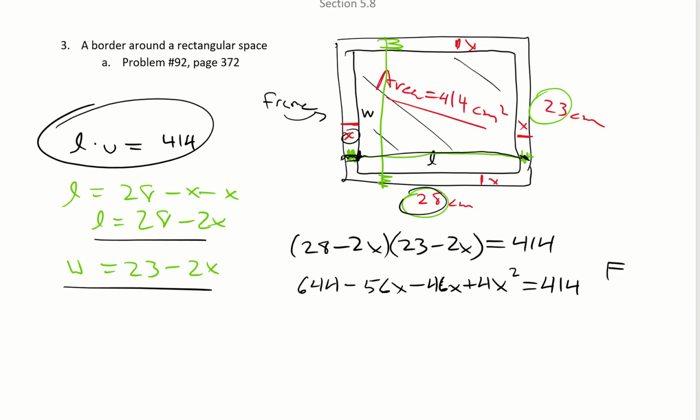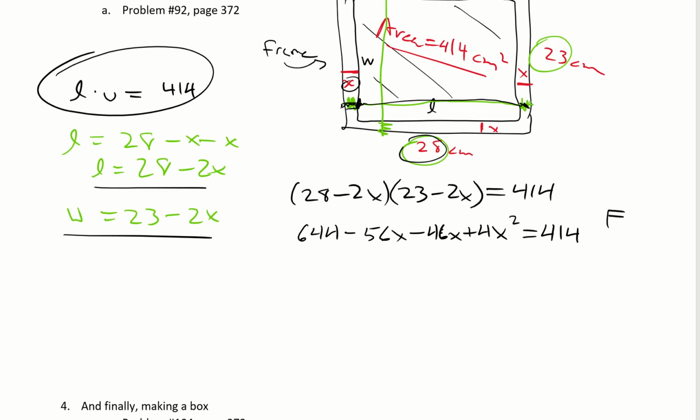Anyway, we got to factor. So let's factor. No, I'm wrong. What's the first step? We need 0. Getting a little loopy here, aren't I? We need 0. So I'm going to write this in a nice order. 4x squared minus 102x plus 644 is equal to 414. All right.